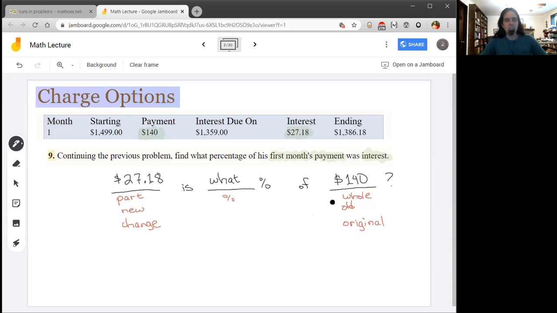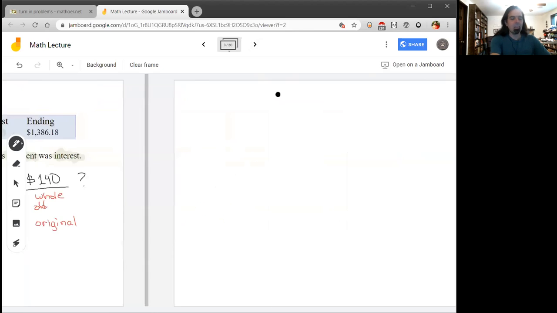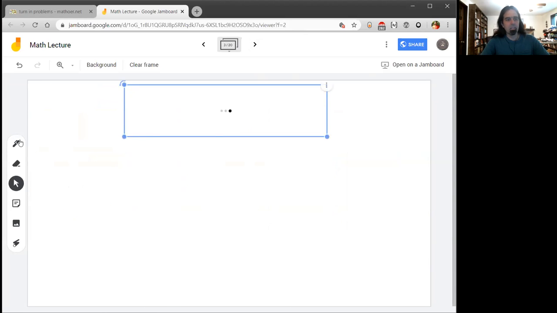So there were two ways to do these. We could translate them, or we could do a proportion. So I'm going to grab that and give myself more room on the screen so I can do them both ways.